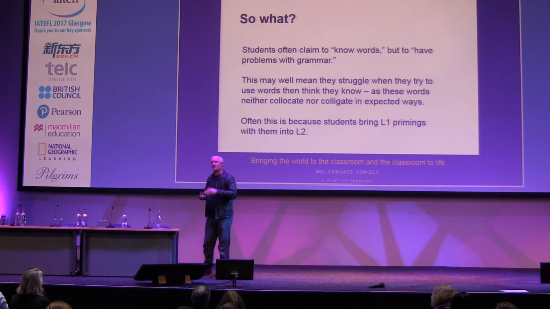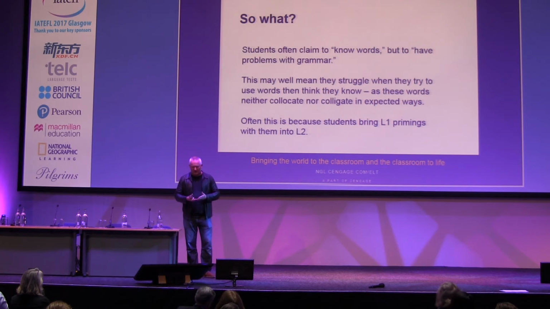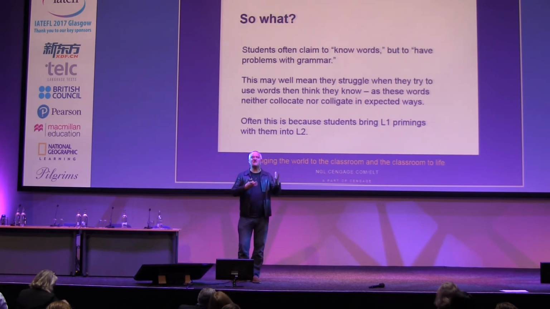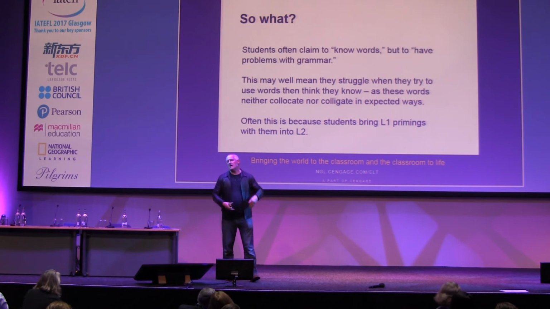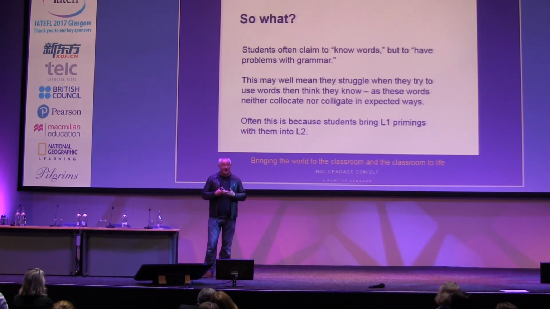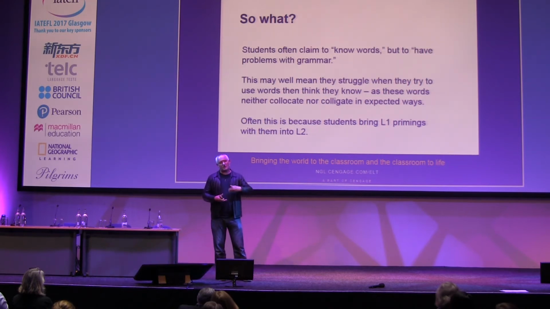And I've come to think that actually what this is probably to do with is not the problems to do with manipulating exercises about the present perfect continuous in very tightly controlled contexts. Instead, what it's to do with is the fact that when these students try to use words that they think they know, they struggle to use those words in an accurate or competent way because the words themselves neither collocate nor colligate in the way that they expect them to work because of their own experience from L1.